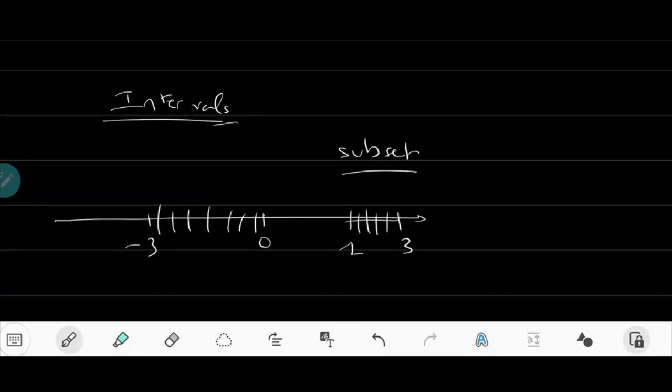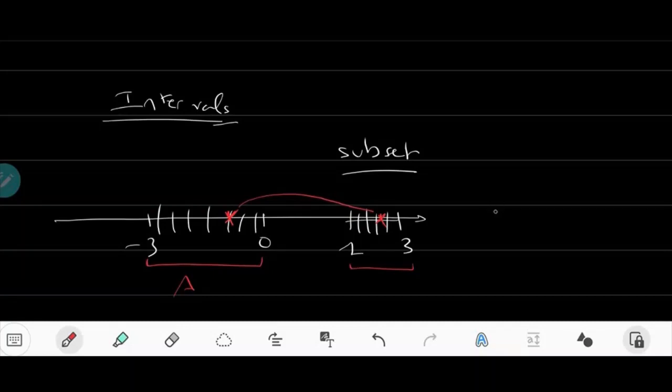This part of R is not an interval because you can find two numbers, the first one in here and the second one in here, such that the number between them is not in this subset. So if A represents all the numbers between -3 and 0 and the numbers between 1 and 3, A is not an interval because not any number between two numbers of A is in A.